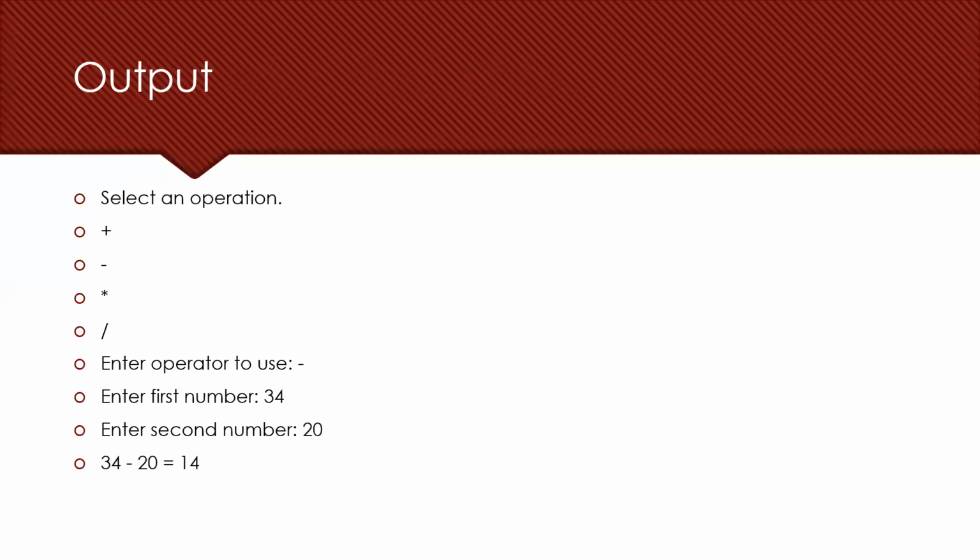Out of these four things, you have to enter any one. Then you have to enter the first number, second number. Simple thing, that is the output, how it is defined in numerical Python. Only the calculation. This is a simple operation used in defining a simple calculator.